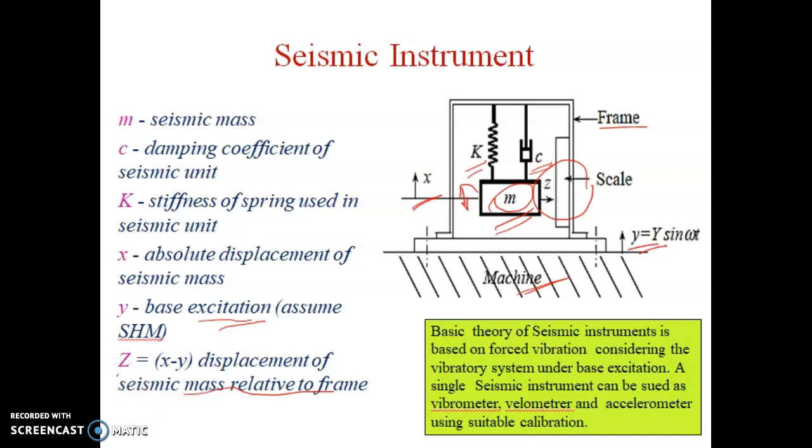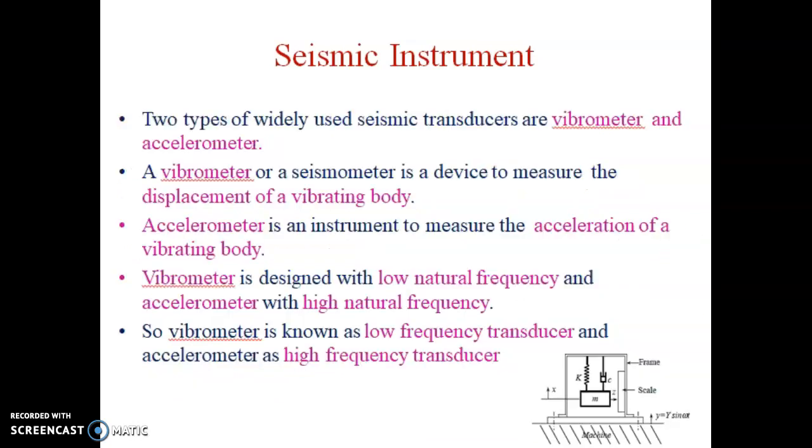The displacement Z is recorded by the instrument, and with proper suitable calibration, we can convert this seismic instrument into a vibrometer or a velometer or accelerometer. The two types of widely used seismic transducers are vibrometer and accelerometer.